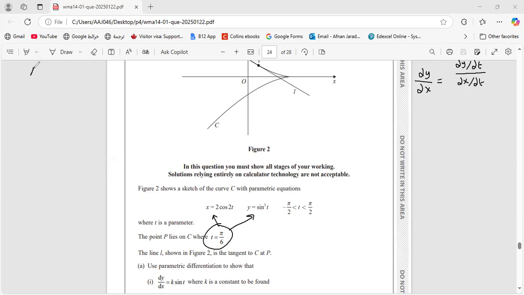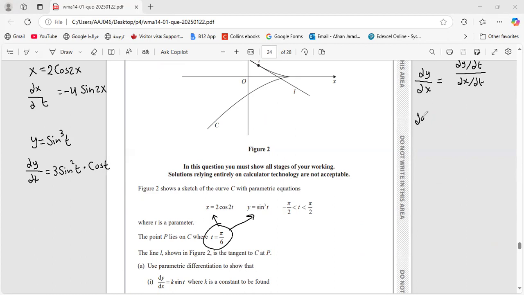Look at this one. x equals 2 cosine 2t, so dx over dt must equal minus 4 sine 2t. And to find y equals sine cubed t, by making a chain rule, it will be dy over dt equals 3 sine squared t multiplied by cosine t.